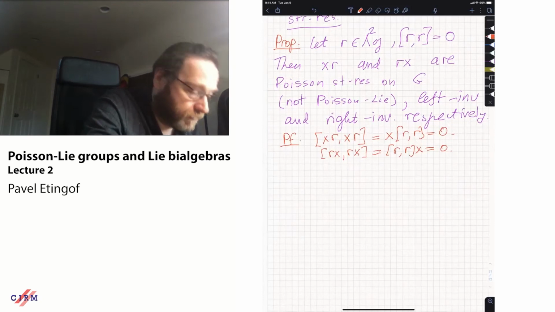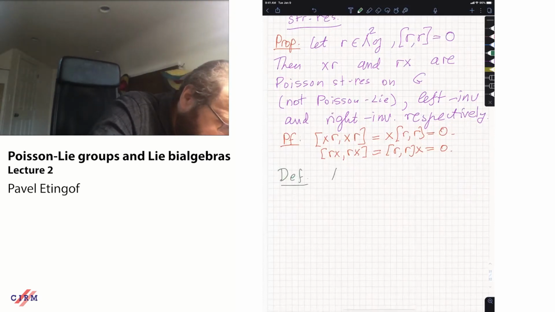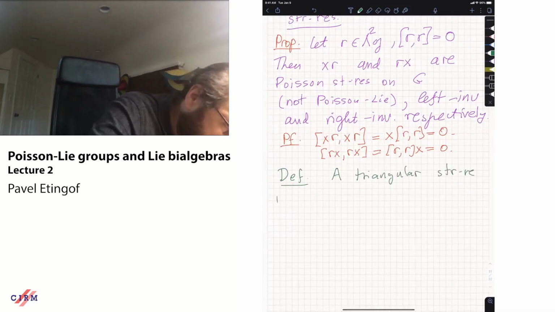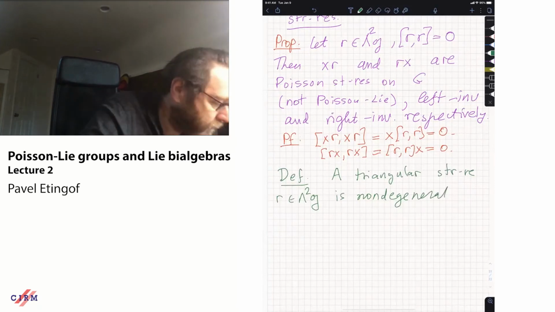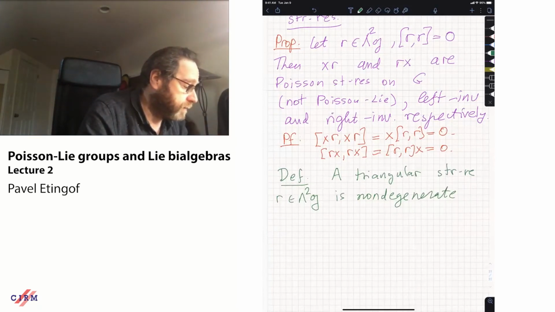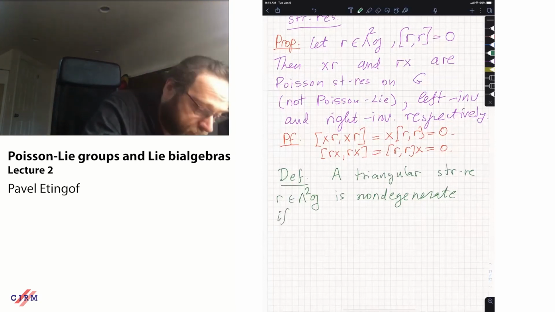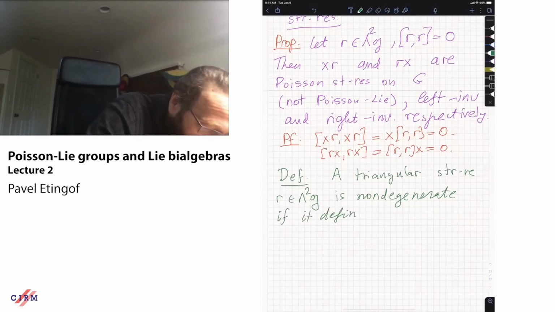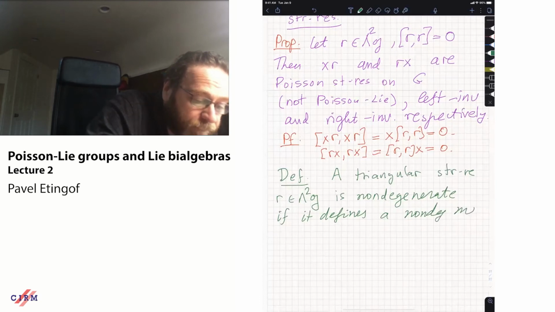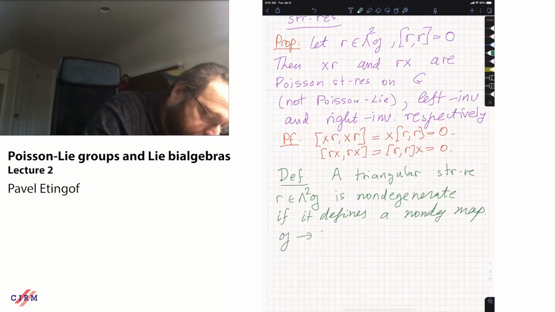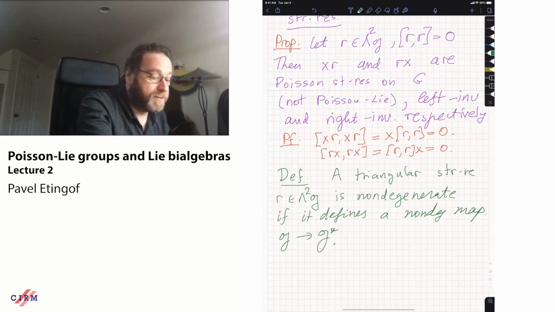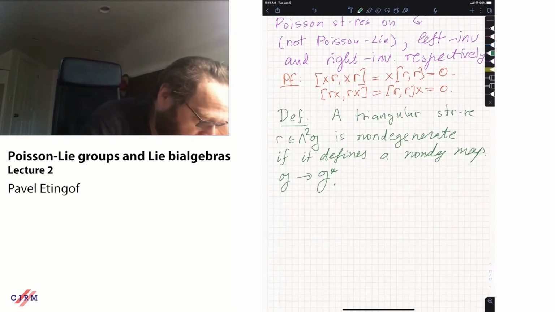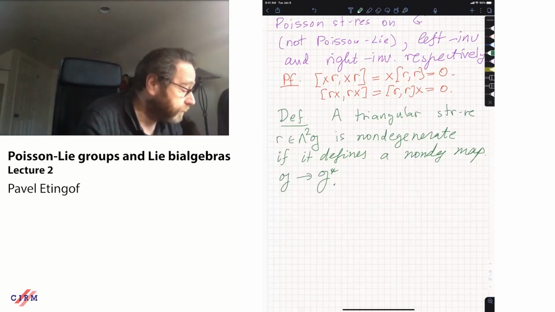Here is a definition. A triangular structure R in wedge 2 of G is non-degenerate if it defines a non-degenerate, invertible map from G star to G. Or you can say alternatively, it gives rise to a non-degenerate skew-symmetric bilinear form on G star.